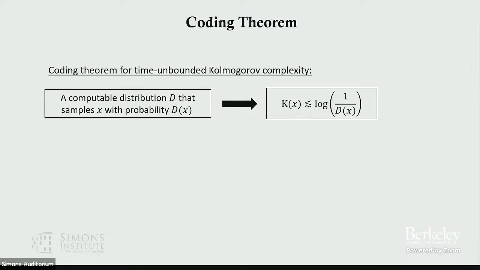But before telling you what conditional coding is, I need to tell you about the original coding theorem in Kolmogorov complexity. Just like symmetry of information, the coding theorem is another important property of Kolmogorov complexity. It says that if we have a computable distribution D that samples a string X with probability D of X, then the Kolmogorov complexity of X is at most log 1 over D of X. So if a string is sampleable, then we can encode it in short length.